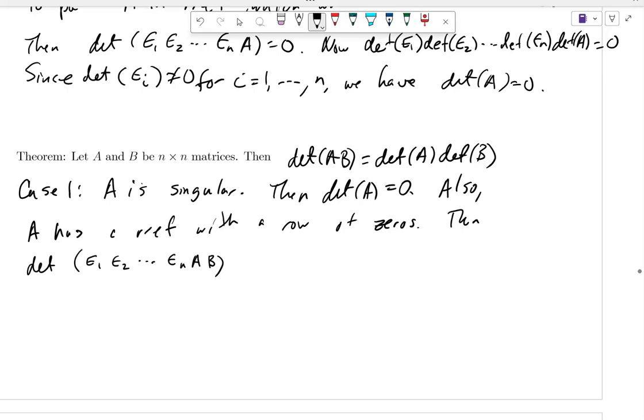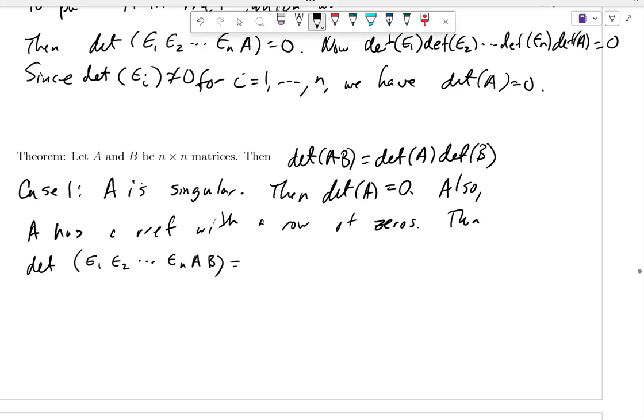If I use E1, E2 out to En times A to put it in reduced row echelon form, and I get a row of zeros, what's the determinant of this whole matrix going to end up with? It's going to be 0, right? Because one of our homework problems we did before is that if you take a matrix with a row of zeros and multiply it by any other matrix, you still get a row of zeros, right? So this determinant will be 0.